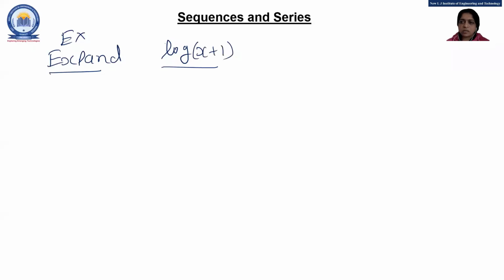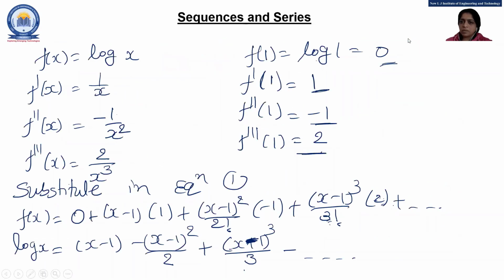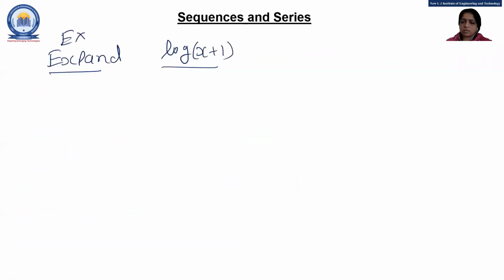In this case, you have to find the Maclaurin series. If they ask about the particular term like this, then you go for the Taylor series. But if they just ask the expansion and they give just one simple function only, then you have to go for the Maclaurin series, right?